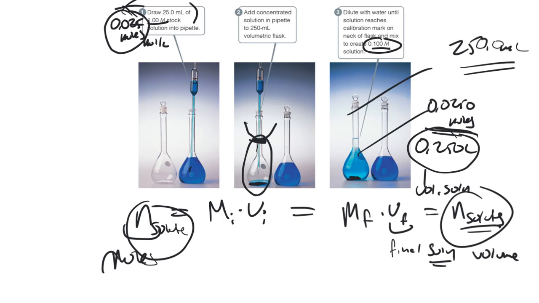If we think of the MiVi equals MfVf equation, sometimes M1V1 equals M2V2, what we end up with in this case would be 1.00 molar times 25.0 milliliters equals our final molarity, which we're going to solve for, times our final volume of 250.0 milliliters.